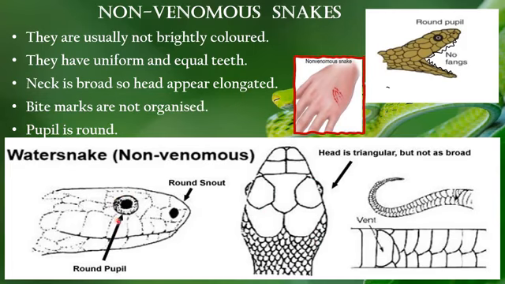Coming to this diagram, you can see the pupil of this snake, which is non-venomous, is round, and the snout is also not pointed. It is round. Towards the end, the scales are arranged one over the other. It makes two layers of scales towards the end of the tail.